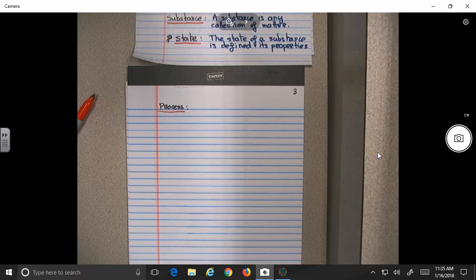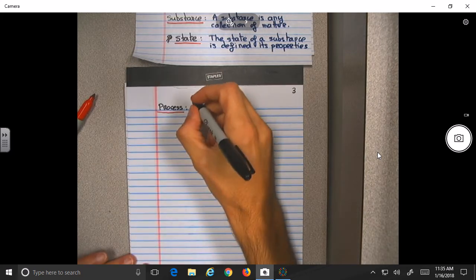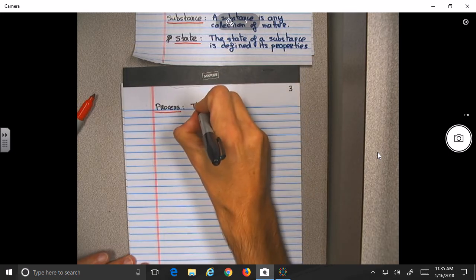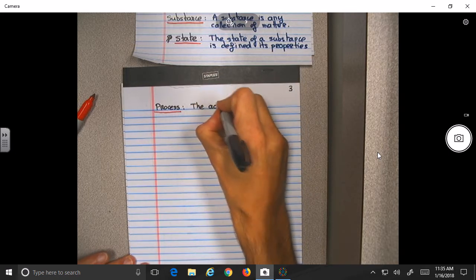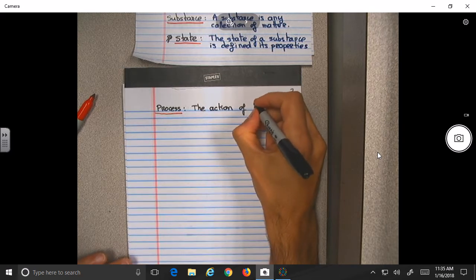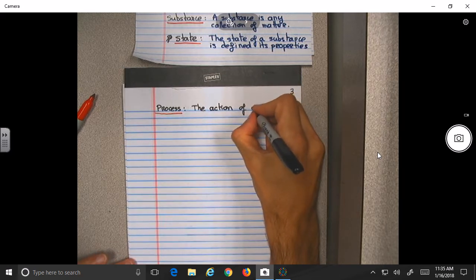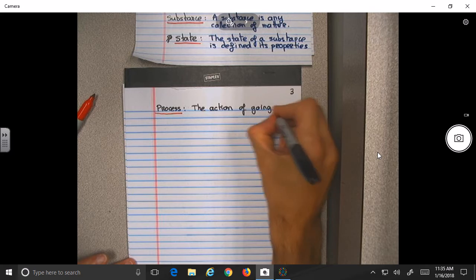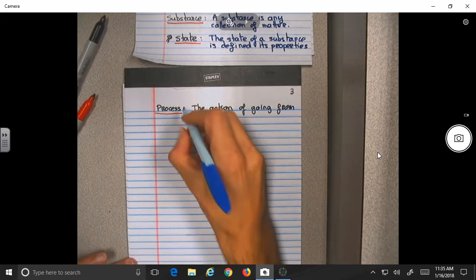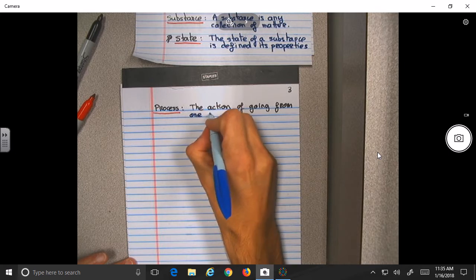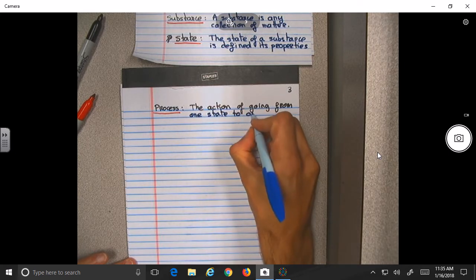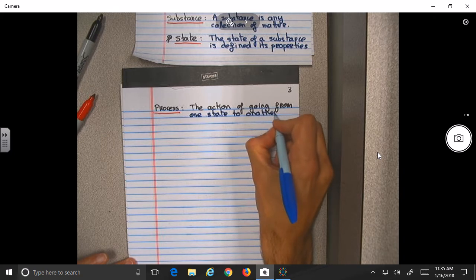All right. So let's say a process is the action of going from one state to another.